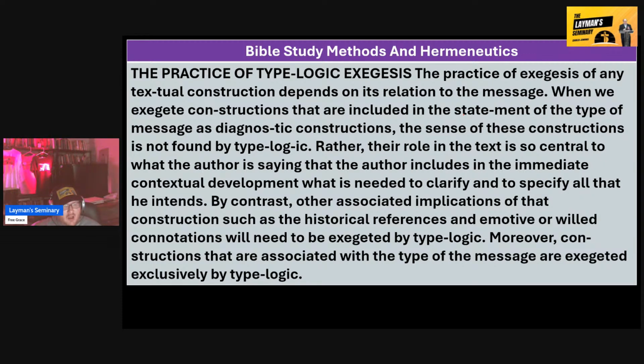By contrast, other associated implications of that construction, such as the historical references and emotive or willed connotations, will need to be exegeted by type logic. Moreover, constructions that are associated with the type of the message are exegeted exclusively by type logic.